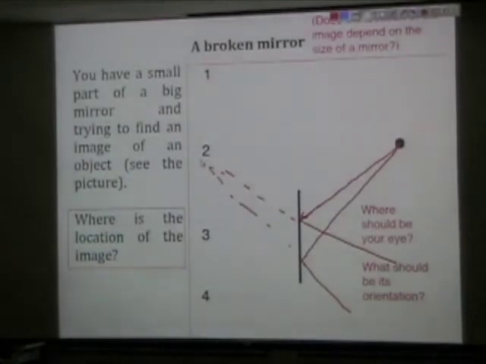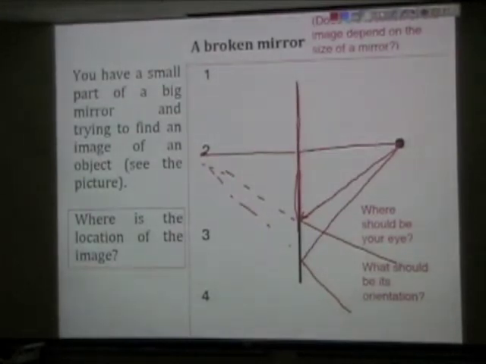What we see is that these rays would have their extensions converge somewhere. Where? Well, as we know, the image is symmetrical to the object. So if we had a large mirror, not a broken one, like this, that mirror would form an image at exactly the same distance to the mirror.